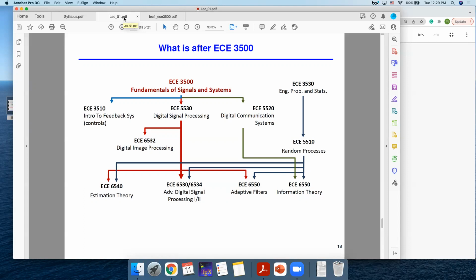The other branch is digital communication systems, where you want to design wireless communication or other types of communication systems, and you need to process all types of signals and discuss all types of systems.